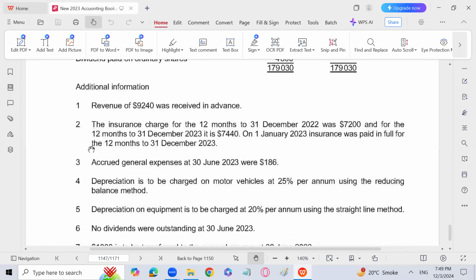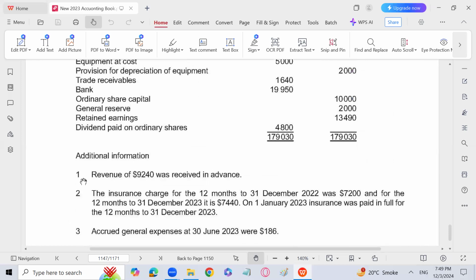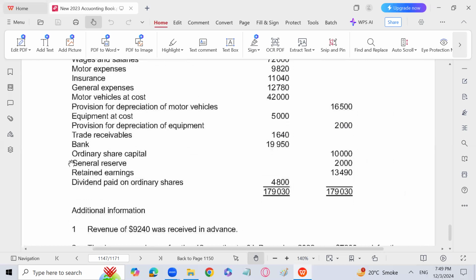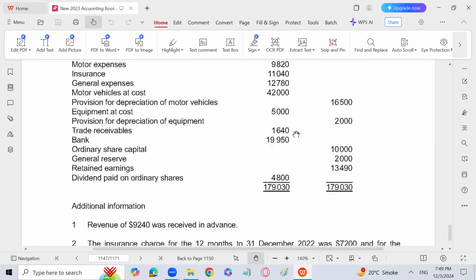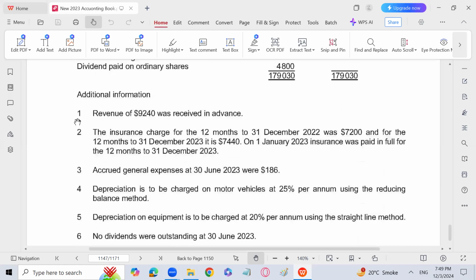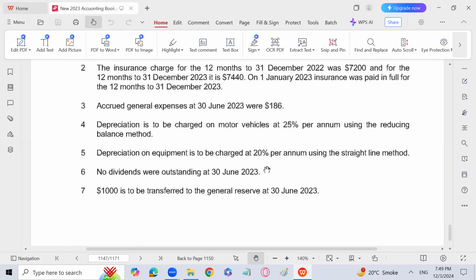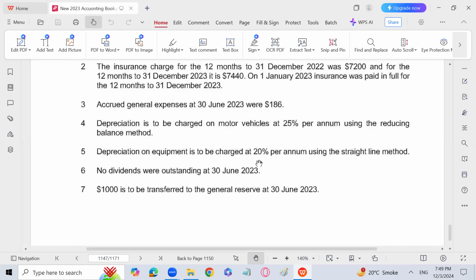Depreciation on equipment is to be charged at 20% using straight line method. So for equipment, given 5,000, as it is depreciated by straight line method, I will calculate depreciation on 5,000 at the rate of 20%, which will become 1,000.